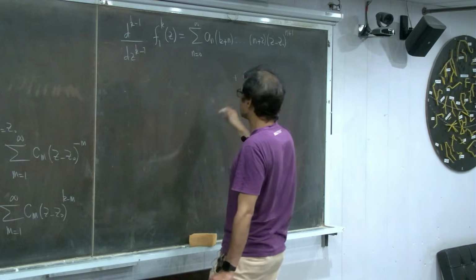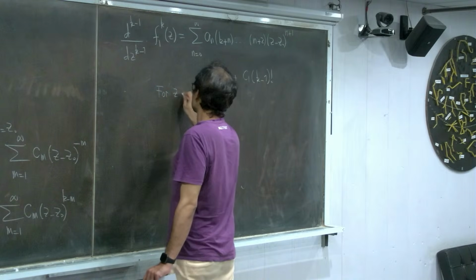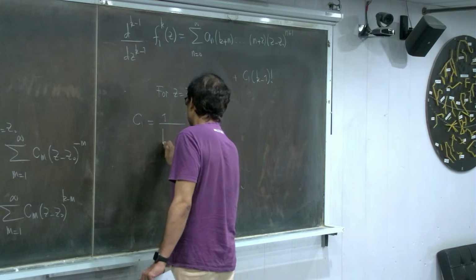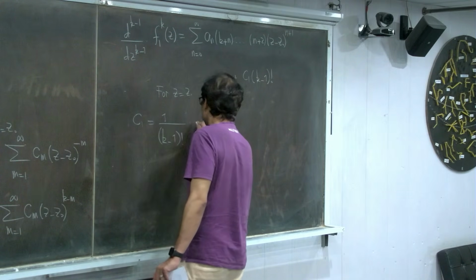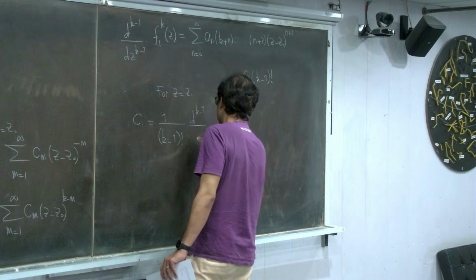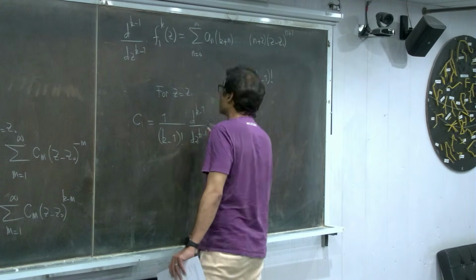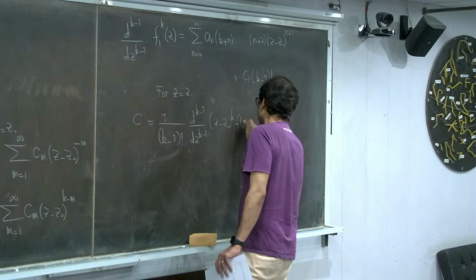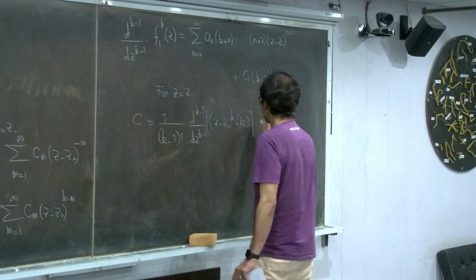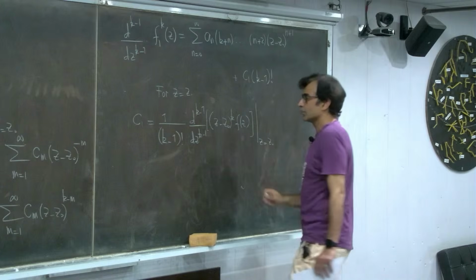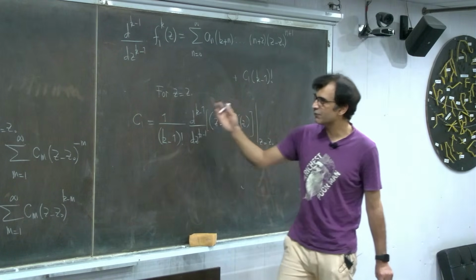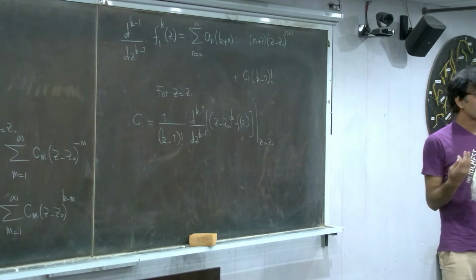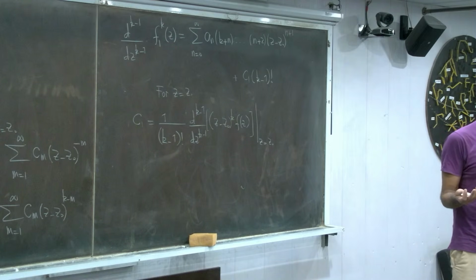Now if you put z equal to z naught, the answer is C1 equal to 1 over k minus 1 factorial times d^(k-1) over dz^(k-1) of z minus z naught to the power k f of z, at z equal to z naught. So all you have to do is, whenever you have a higher order pole, just follow these steps. And by following these steps, you can calculate the residue for that integral.